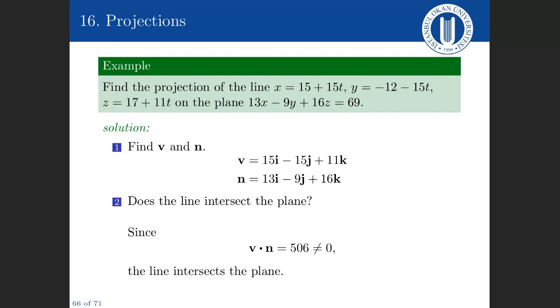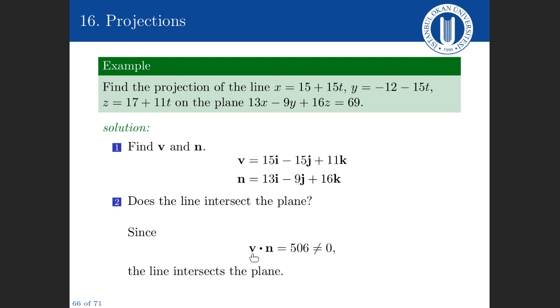Find the projection of the line x is 15 plus 15t, y is minus 12 minus 15t, z is 17 plus 11t, onto the plane 13x minus 9y plus 16z is equal to 69. We start in the same way. Find v and n, you know how to do this, and then answer the question, does the line intersect the plane?